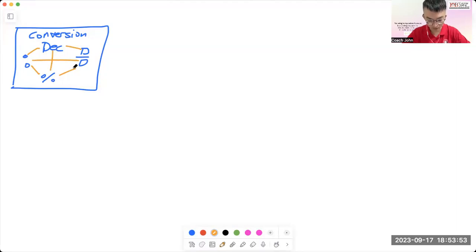So you need to be prepared to convert decimal to percentage or vice versa. You need to be able to convert ratio to fraction and vice versa. And you need to be able to convert, say, between percentage and fractions. This is one thing that you need to work on, and normally they will appear in paper 1A and 1B as well.